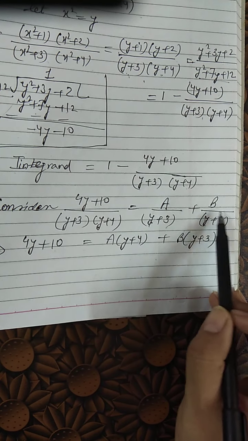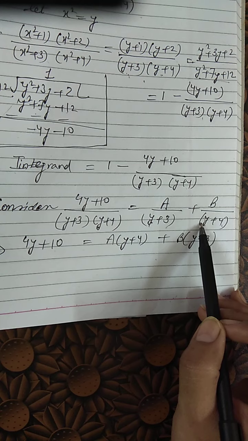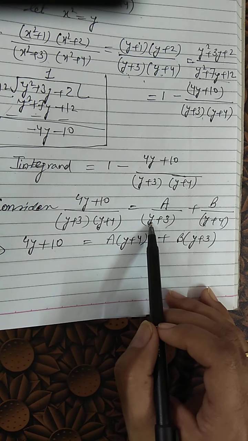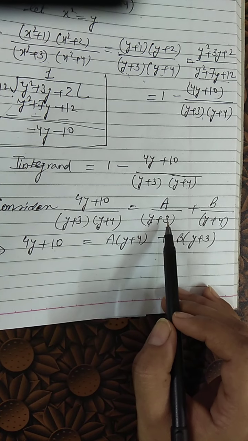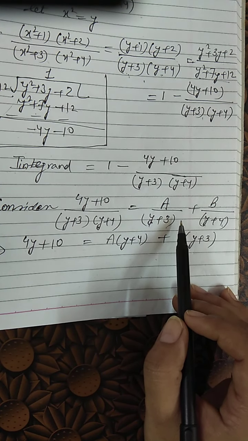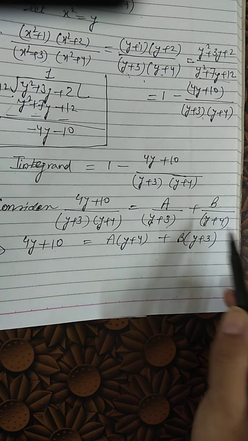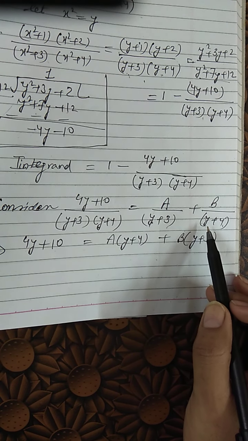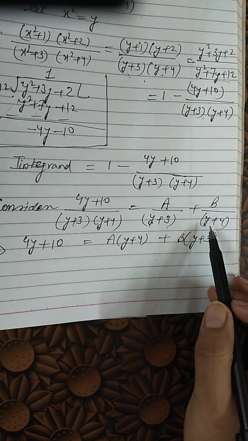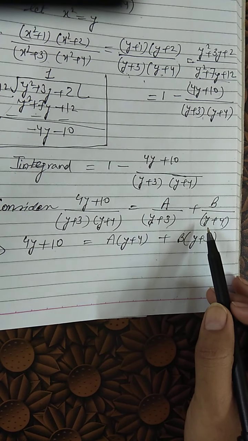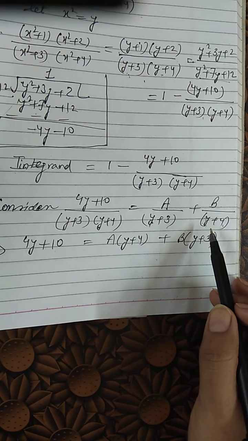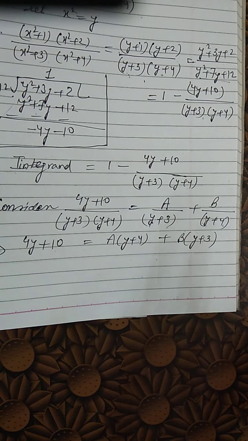And if I put y plus 4 equals 0, the value of y is minus 4. So one by one, I will put the value of y first as minus 3, and then one constant will vanish and the other constant value we get. Then the next time I will put y as minus 4, and then I will get the value of the second constant. This is a small trick only, but if you are not getting it, you can go by the same method, comparing the coefficients on both sides, and then we can get the values of a and b. Answer will be the same in both the methods.